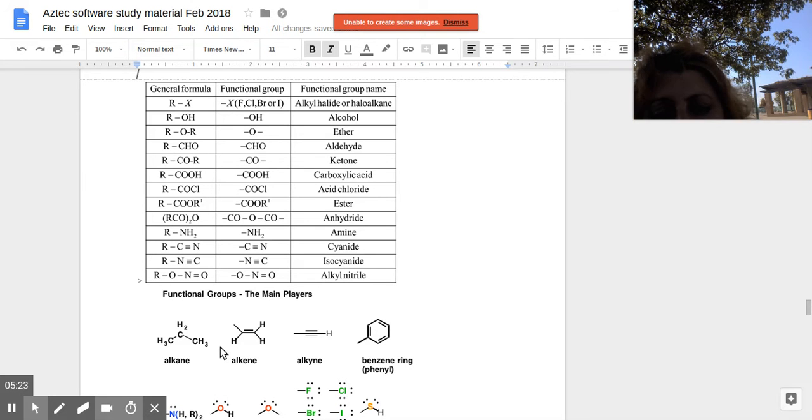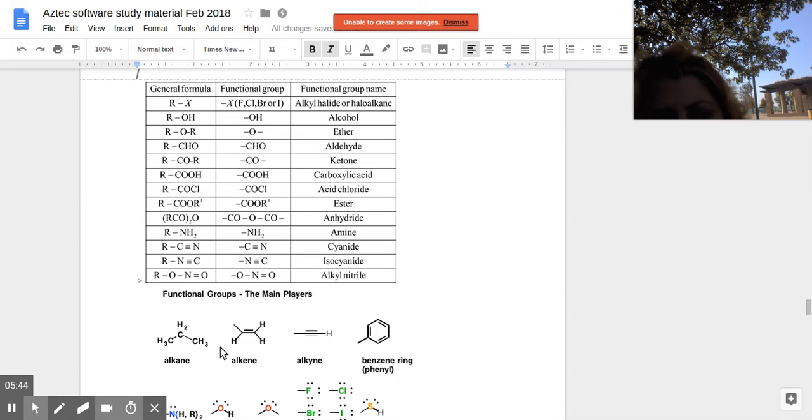Anhydride, you have basically carbon, and then oxygen to another carbon oxygen. So 3 oxygens total, and 2 carbons in addition to the R group.